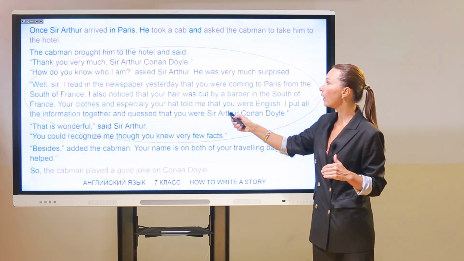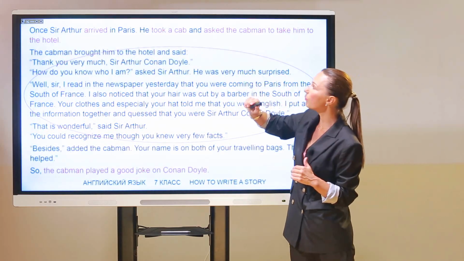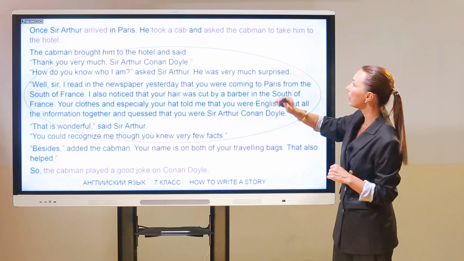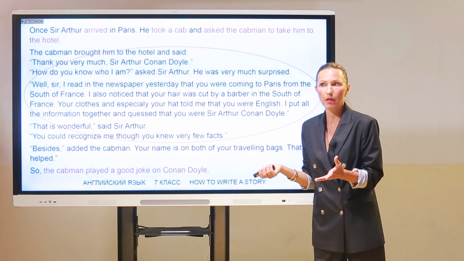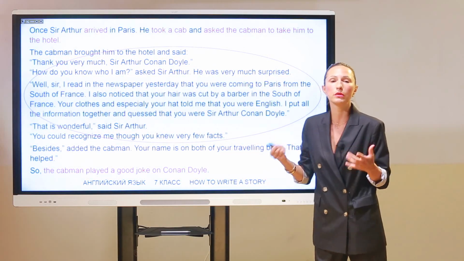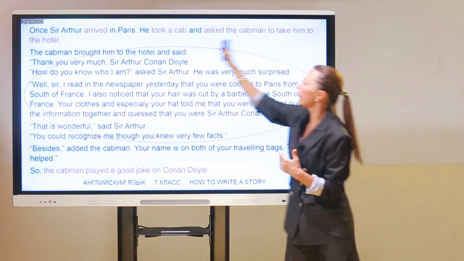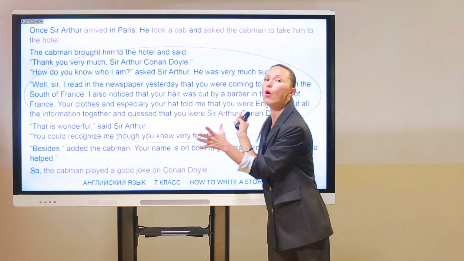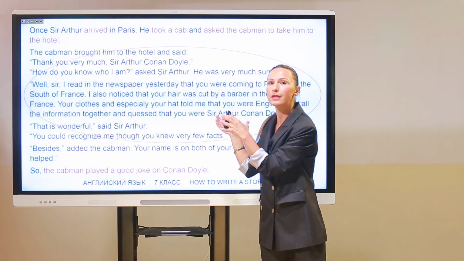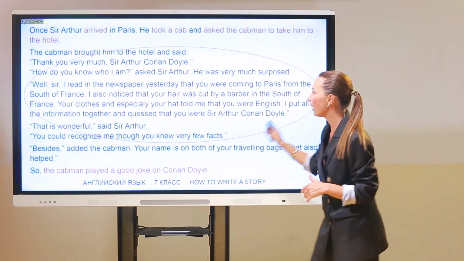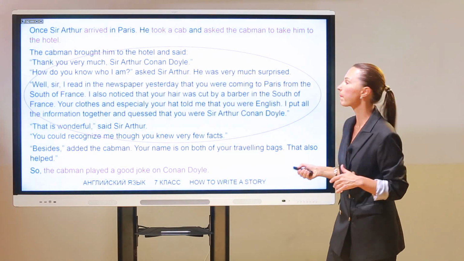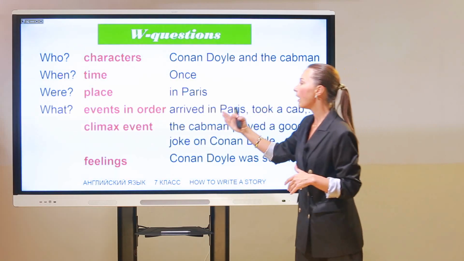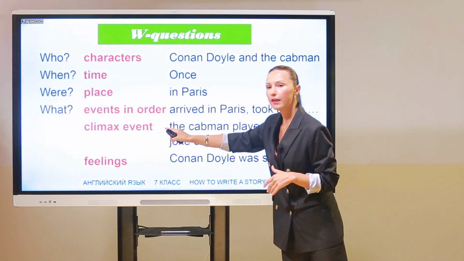And what are the events that we have to present in the order they happen, okay? So first of all, we see he arrived in Paris, then he took a cab and asked the cabman to take him to the hotel. After that, something happened. It's a joke that the cabman played on Conan Doyle. This is the joke, the dialogue between these two persons, okay? And our climax event.